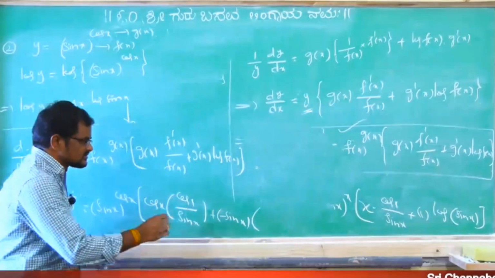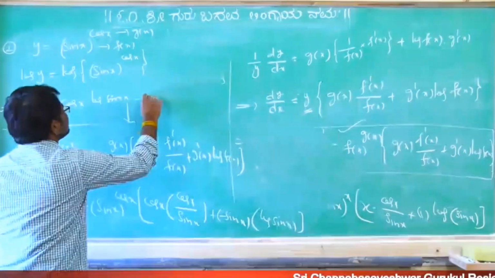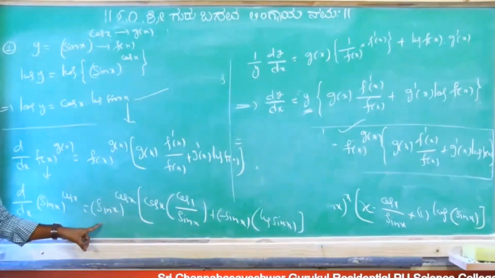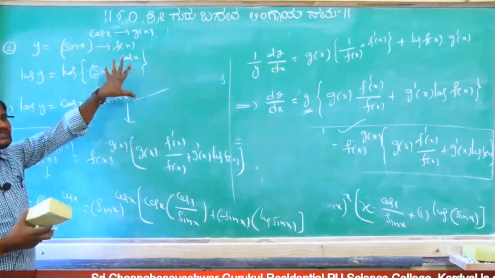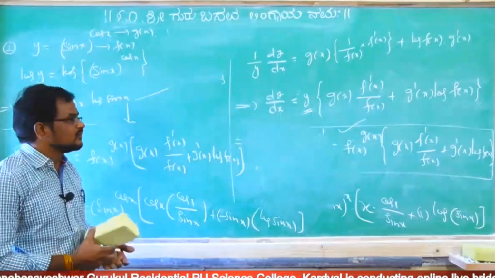F of x is sin x, log of sin x. Now if you do like this here, differentiating on both the sides, the same thing you will get here also. Means this procedure is what? In theory process, and this is what? Entrance process. Like this we have to do.